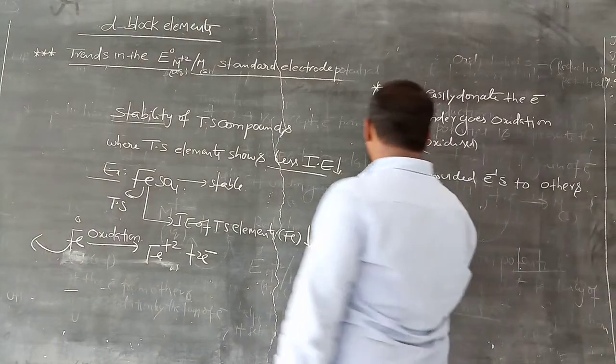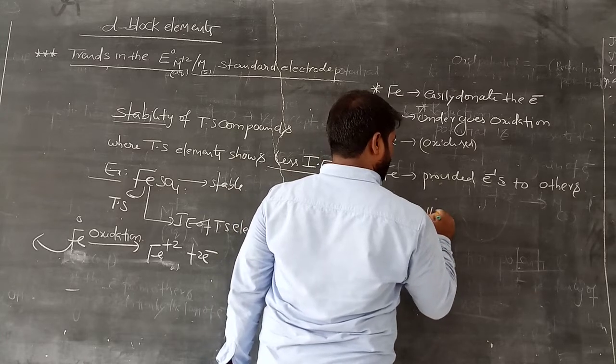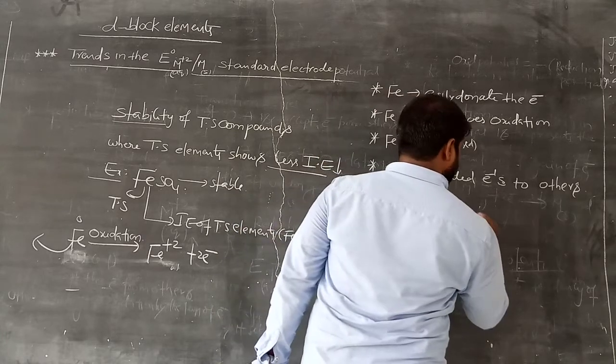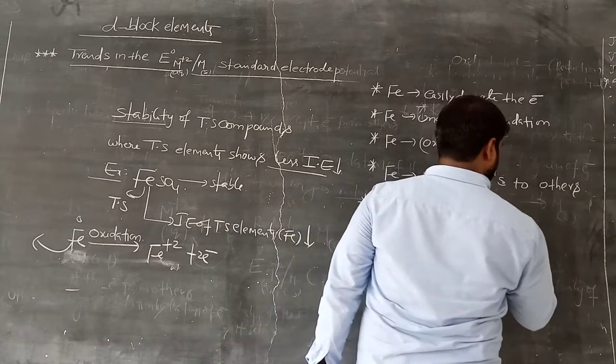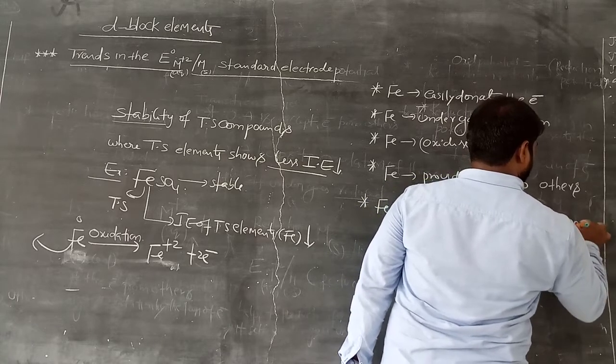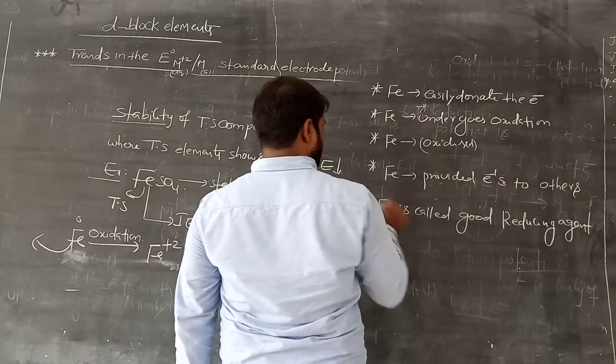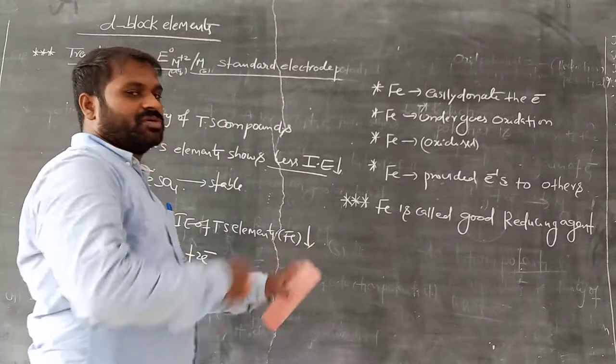Then iron is called a good reducing agent. Good reducing agent means ready to lose electrons.